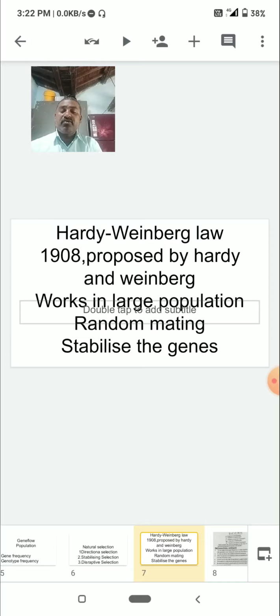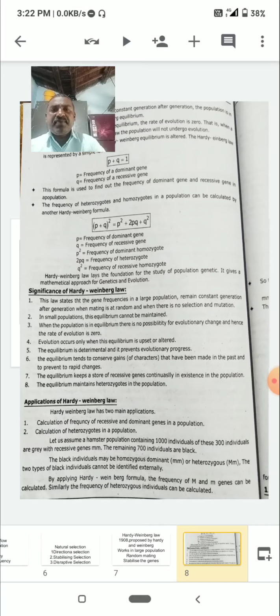Here we have to observe p plus q equal to 1. Evolution occurs only when the Hardy-Weinberg law is altered.